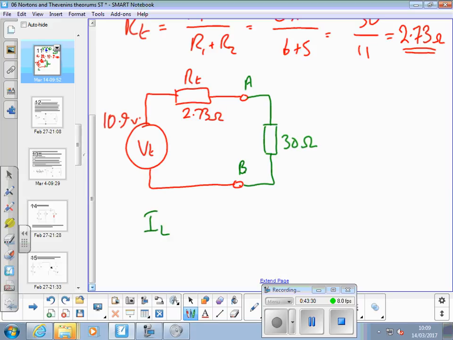IL equals V Thevenin over R Thevenin plus RL, 10.9 over 32.73 equals.